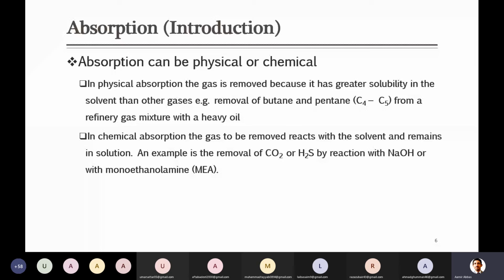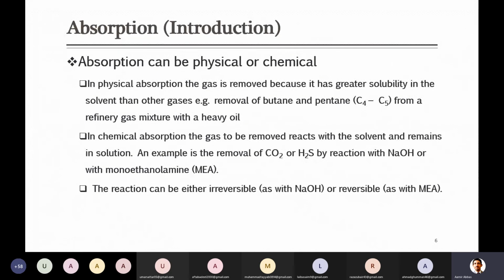In this case there will be proper bond formation, and that is called chemical absorption. When there is a chemical reaction, there are two types. You already know that there can be reversible reactions as well as irreversible reactions. When NaOH reacts with either CO2 or H2S, it usually makes a permanent bond, that is irreversible, as compared to MEA, which makes a bond that is reversible.